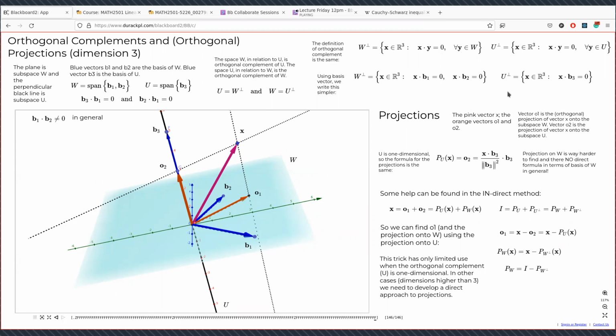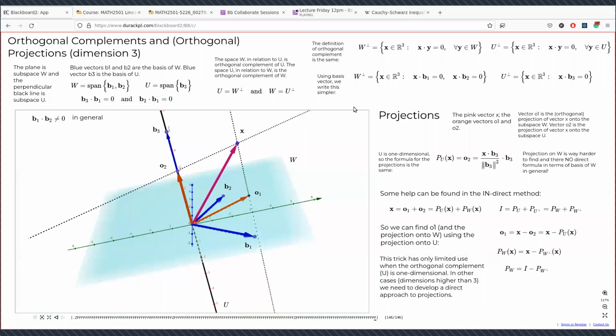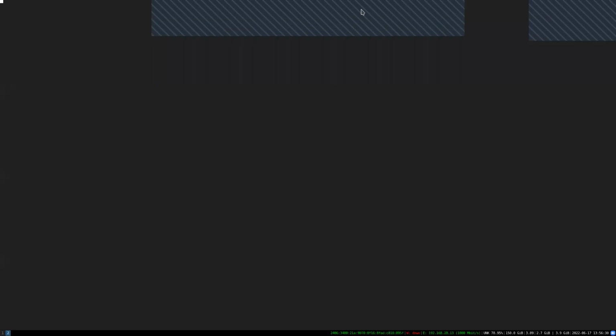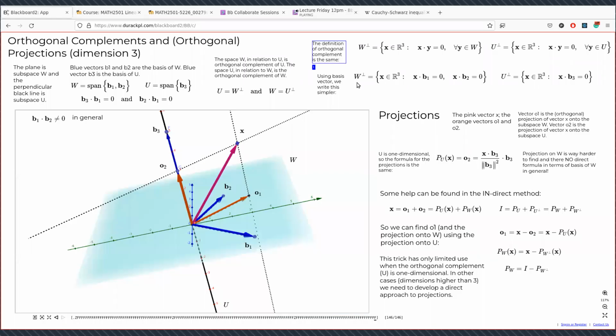Yes, in the other slide, I did say so, but I did say so because in the other slide, B1 was a basis in W and B2 was a basis in U.